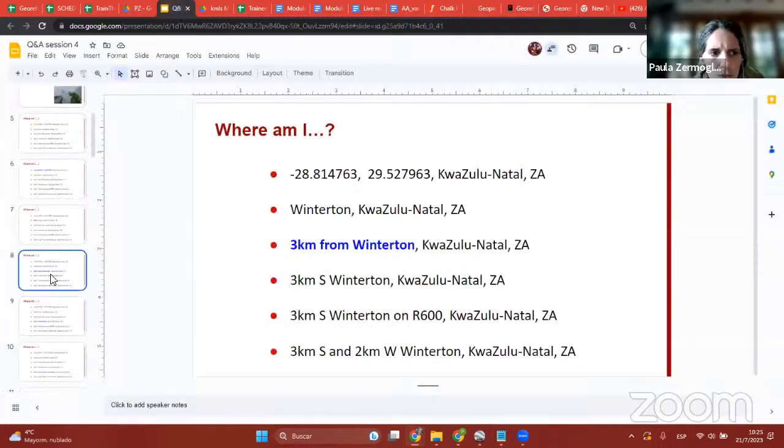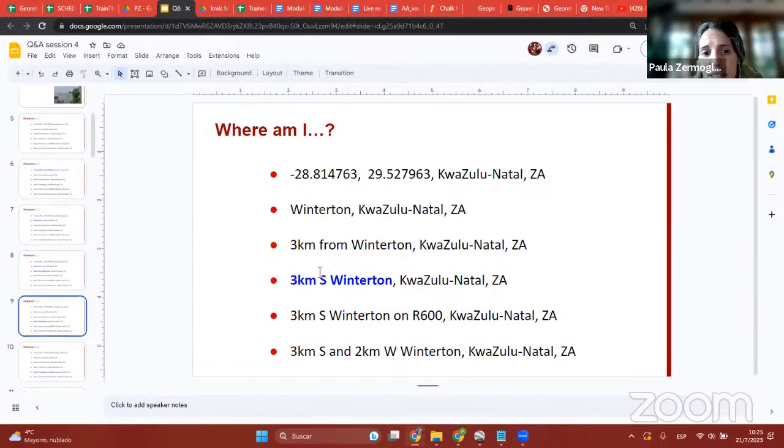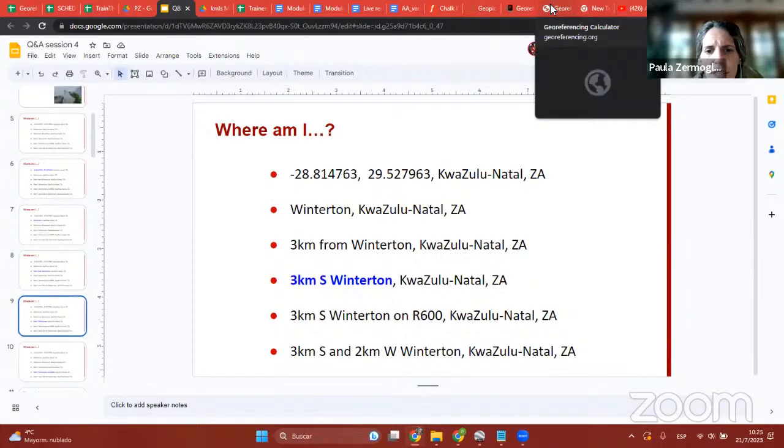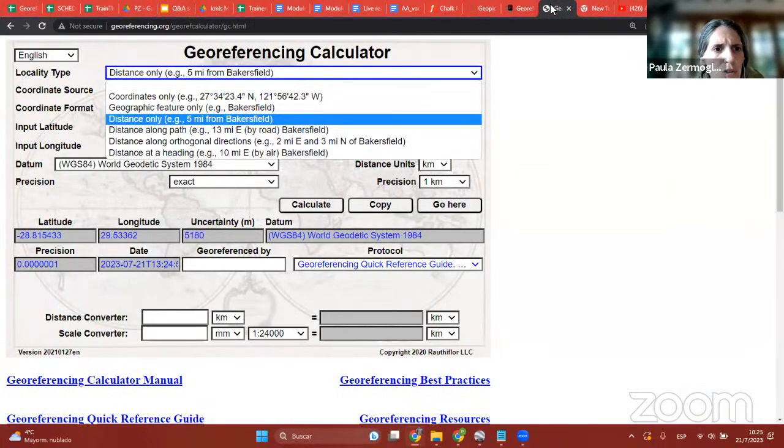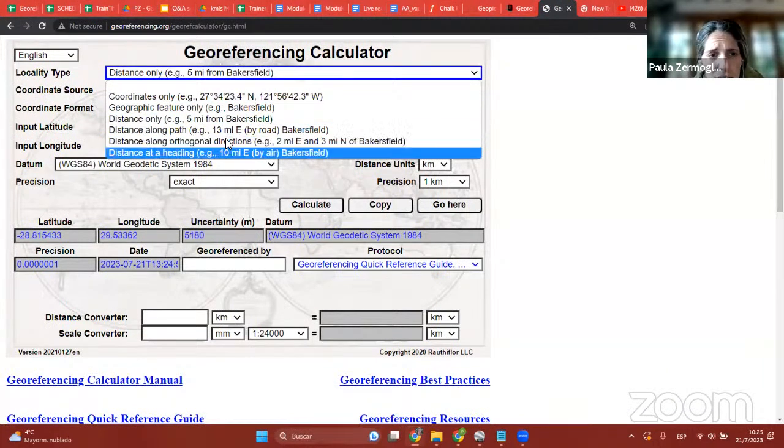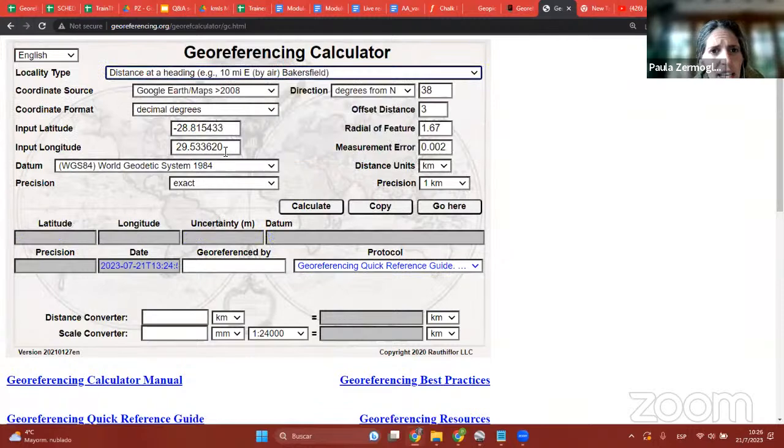Okay. So now let's move to the next one, which is similar, but it's specifying a direction, a heading. So this one would be distance at a heading from this particular town of Winterton. So if we go to the calculator, we will choose here now distance at a heading. And we would need the same coordinates, the source of the coordinates, the datum, etc., which we already have because we're referring still to the same town, Winterton, so we don't modify this.